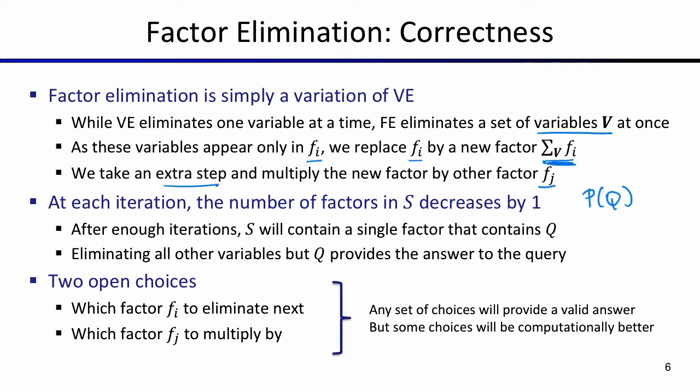So we can choose any factor to be the next one to be eliminated, and any factor to multiply by, and this will not impact the final answer of the algorithm, but it will impact the complexity of the algorithm. In a very similar way to variable elimination, where the elimination order of the variables is important, in factor elimination, the elimination order of the factors will also be important for the running time of the algorithm.